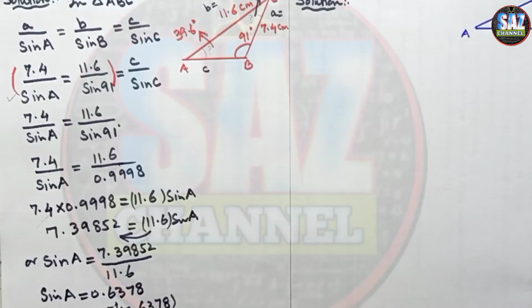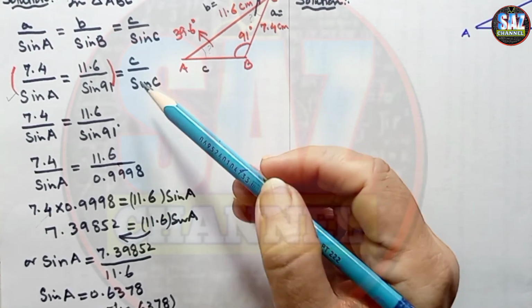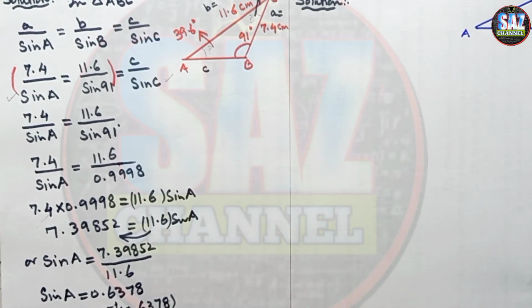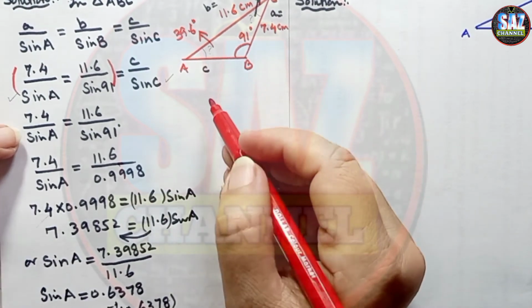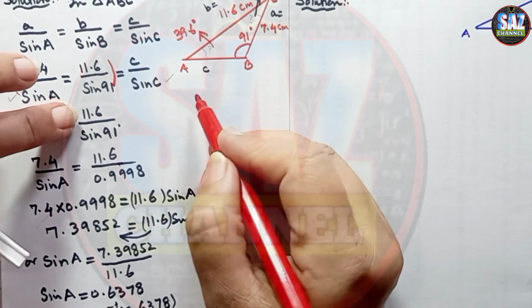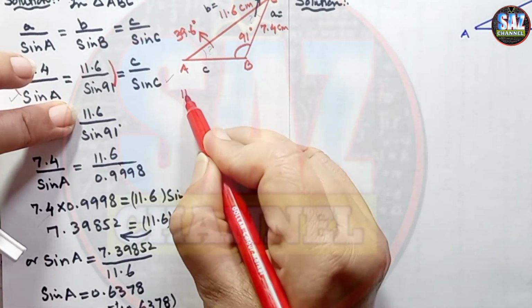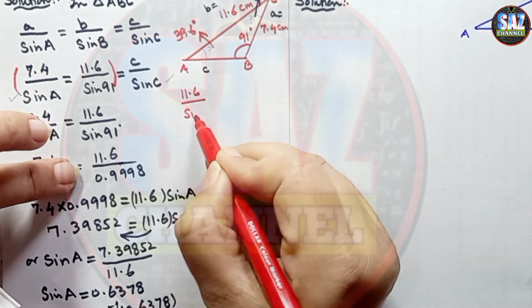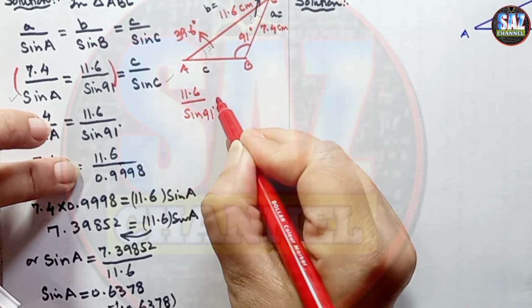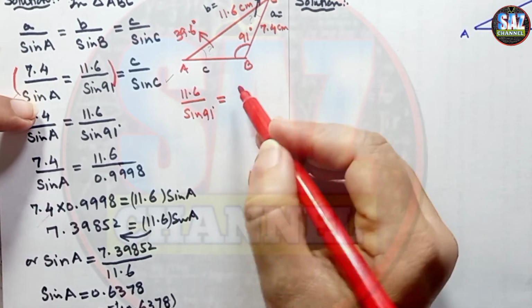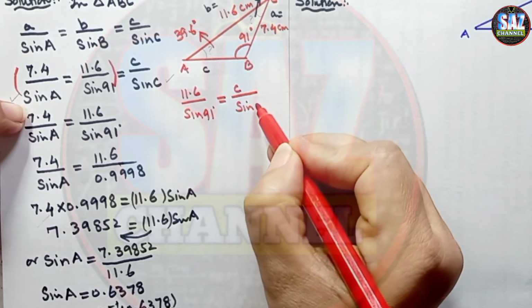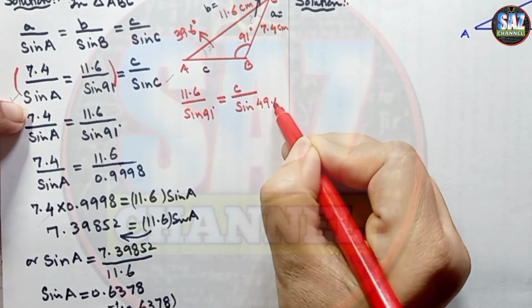And now let's quickly move to the second unknown of the question, that is the length C. Now we have angle C with us, so what we will be doing is 7.4 upon 11.6 upon sine 91 degrees is equal to C length, which is unknown, upon sine 49.4.